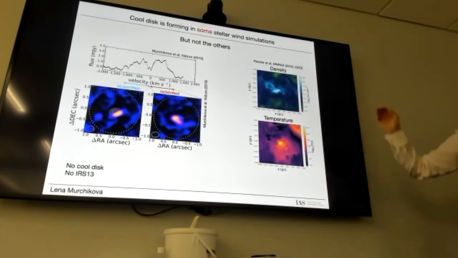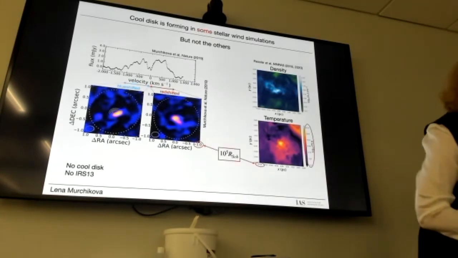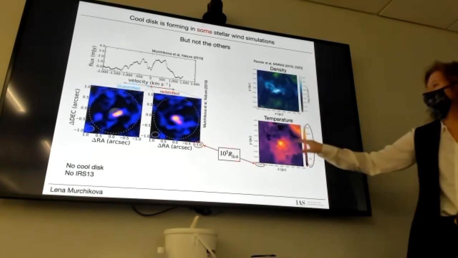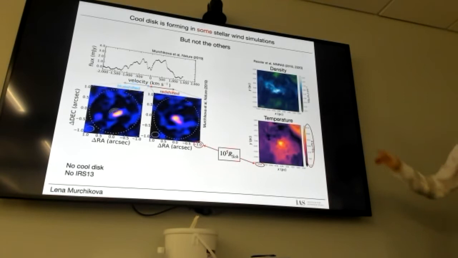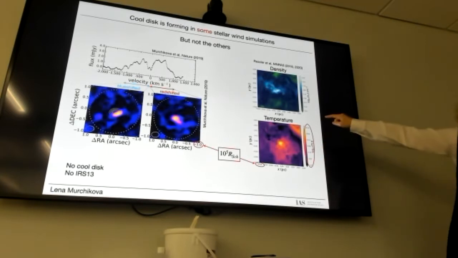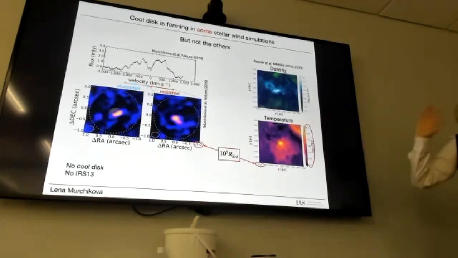It's again simulations to scale. Let me overlay the scales again. That's the same sizes. And as you can see, the temperatures go from 10 to the 7 to almost 10 to the 9. So there's no cold fraction there at all. But there is also no IRS-13, so how do you compare?